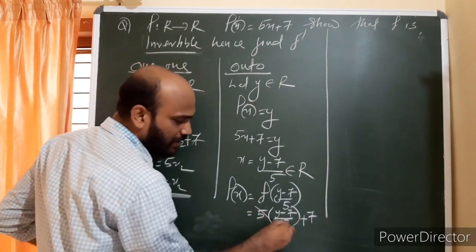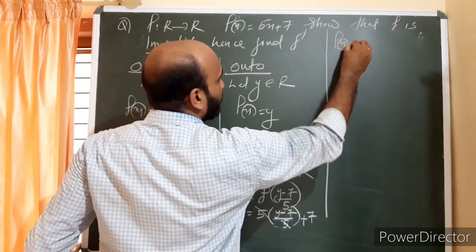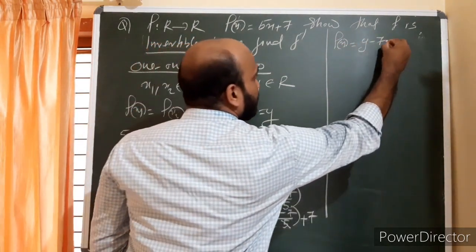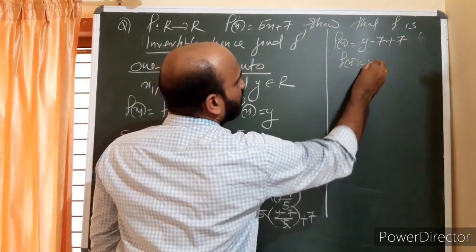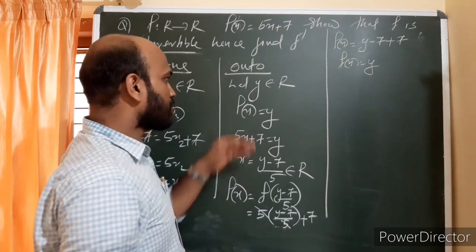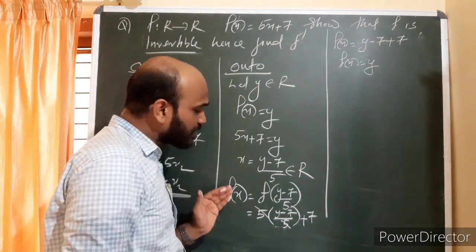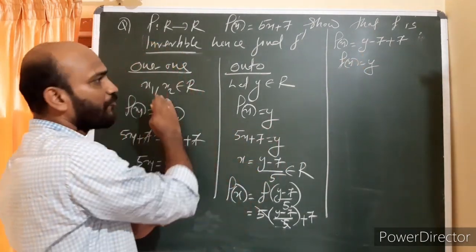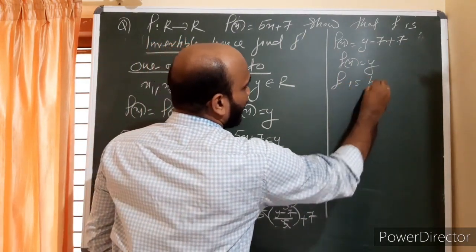So we can cancel 5. So we get F of X equal to Y minus 7 plus 7. That is F of X equal to Y. So for every Y we are able to find one X and its image is equal to Y. So the function is onto. Since F is 1-1 and onto, we can say that F is bijective.